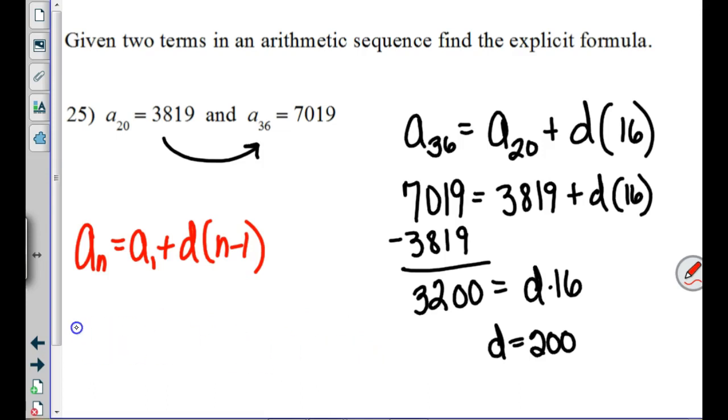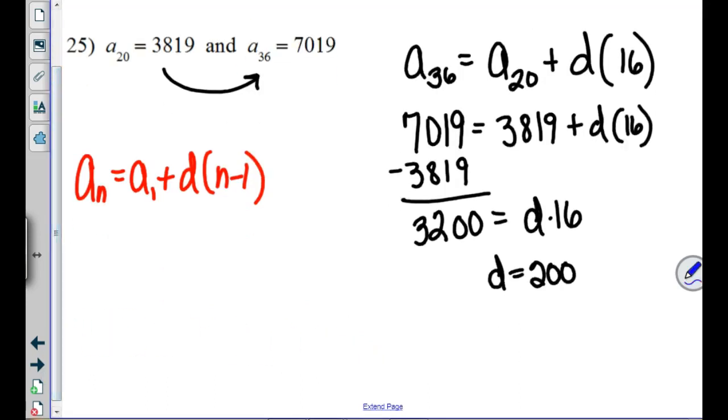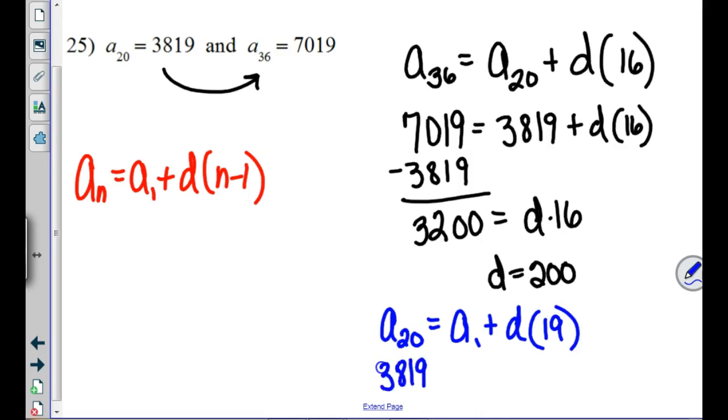Okay, so the 20th term would be the first term plus the difference n minus 1, or 19 times. Just putting it in words, okay? So what's the 20th term? So that was the first term, but we added 200, 19 times.